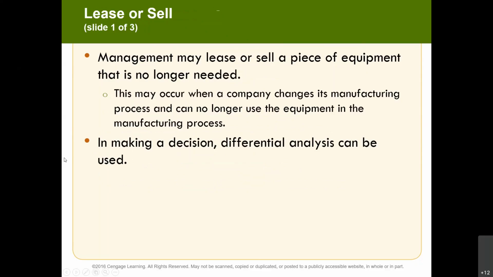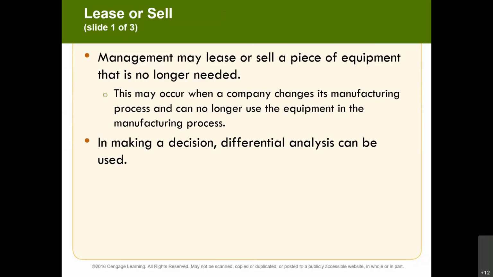This one's a fun one, in my opinion. Management may lease or sell pieces of equipment that are no longer needed. This may occur when a company changes its manufacturing process and can no longer use the equipment in the manufacturing process. In a service business, a lot of times we have copiers or printers or fax machines, the relatively large industrial ones.